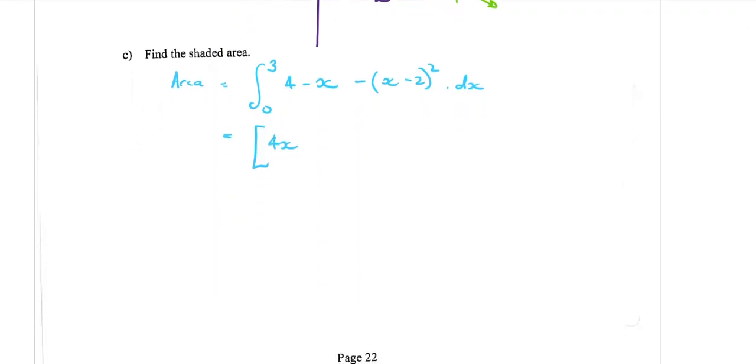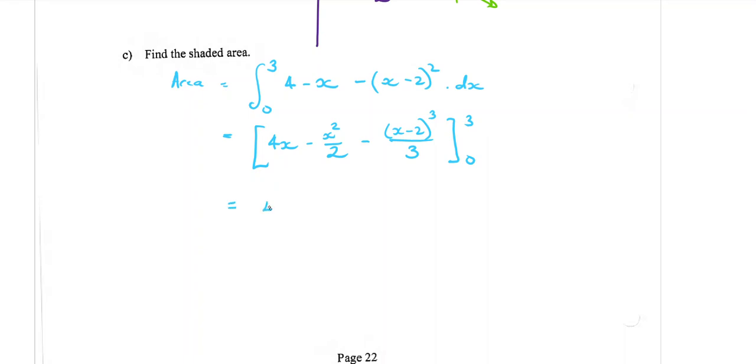Integrating minus x, we add 1 to the power, divide by the power, so x squared over 2. Integrating the bracket, leave the bracket, add 1 to the power, divide by the power, and you would multiply by the 1 that is in there. Between 0 and 3. And then sub in.